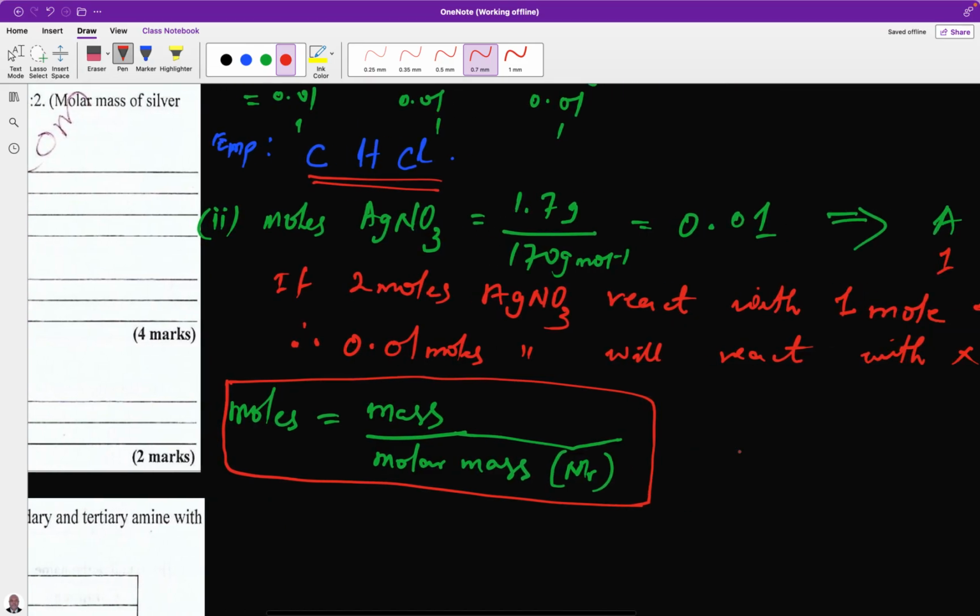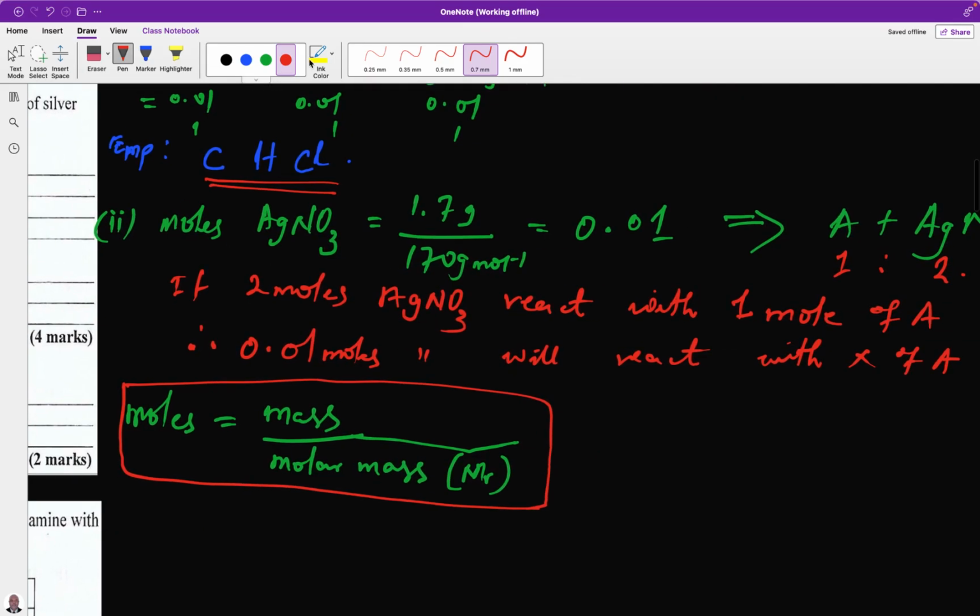If we use this expression and rearrange it, we are looking for the molar mass.